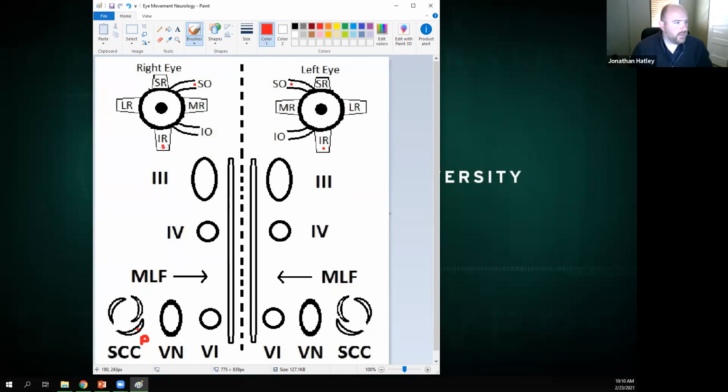So we know that the inferior rectus is pretty straightforward. It's going to be ipsilateral stimulation, which means that its stimulation had to come from this particular cranial nerve nuclei right here.